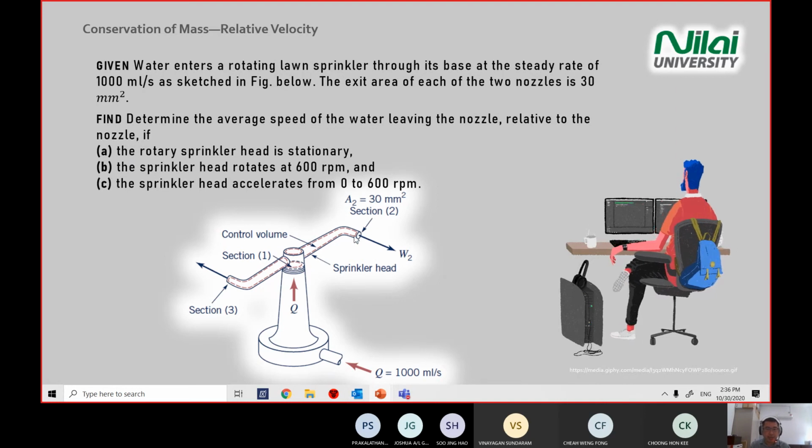You're given area at section 2 here, and area at section 1 is not given, so we need to find it later on. These are all the parameters we have: a steady rate of 1000 ml per second, and an exit area of the two nozzles, here and here, the same, 30 mm square. We need to find the average speed.